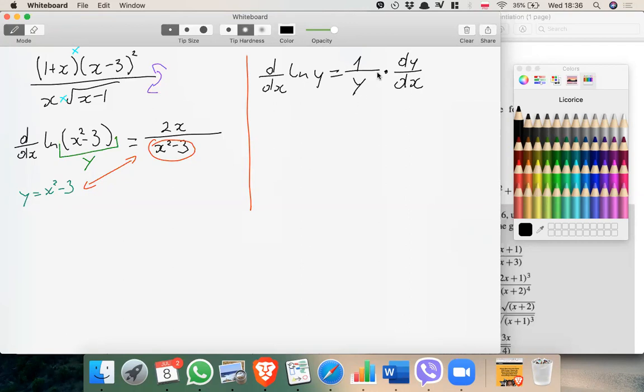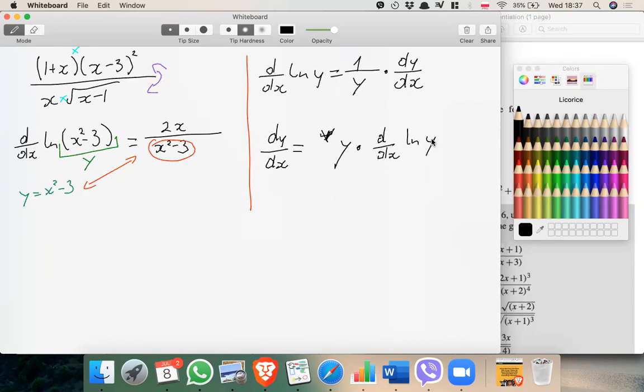This is the kind of step we're going to take, because if we want to find the derivative of some very complex function, I can just transpose this expression and get that dy dx is the same as y, which is the function, multiplied by d over dx of ln of y.